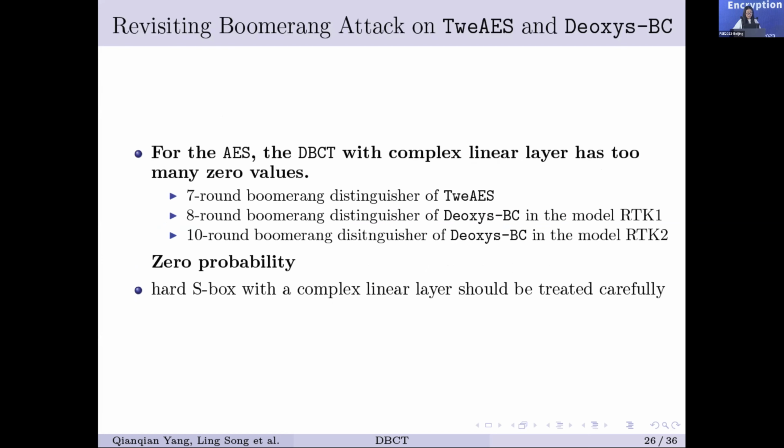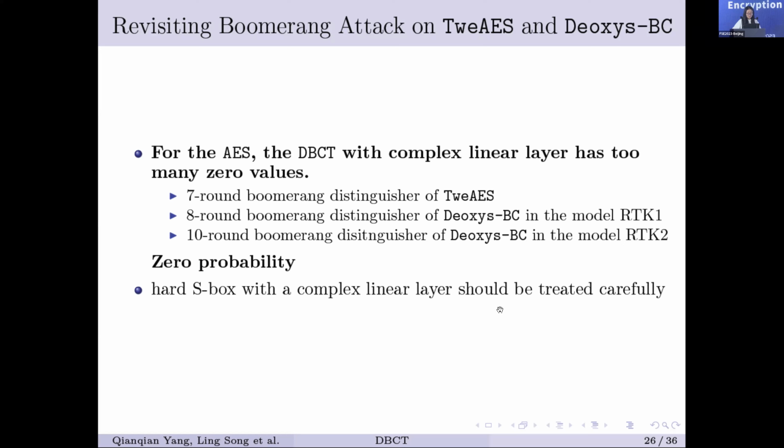And then the second application is that for the AES, the DBCT with complex linear layer has too many 0 values. Inspired by this, we recompute some distinguishers about the block ciphers based on AES, such as TweAES and Deoxys.